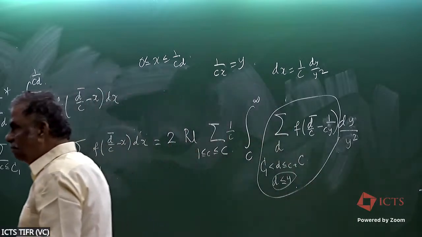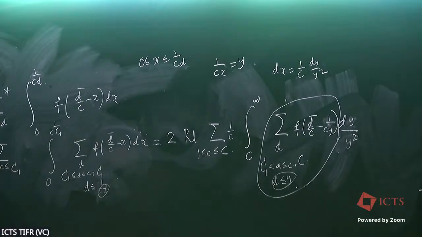And I would like to complete the sum. But how do I do that? Again, use another delta. That's all.